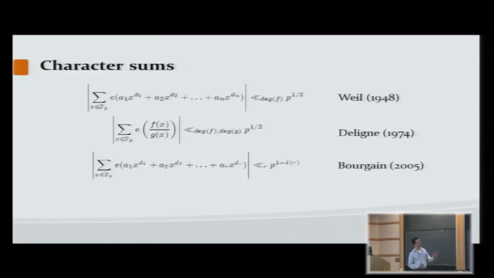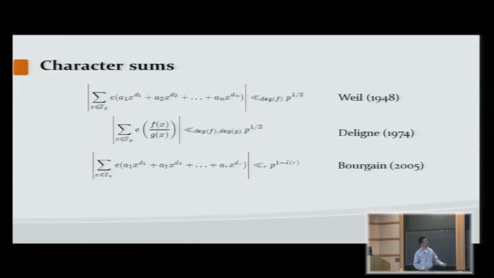But you can get cancellation if the number of monomials is small as well. This is all related, roughly speaking, to understanding how pseudo-random these particular subsets of F_P or F_P to some high power are.